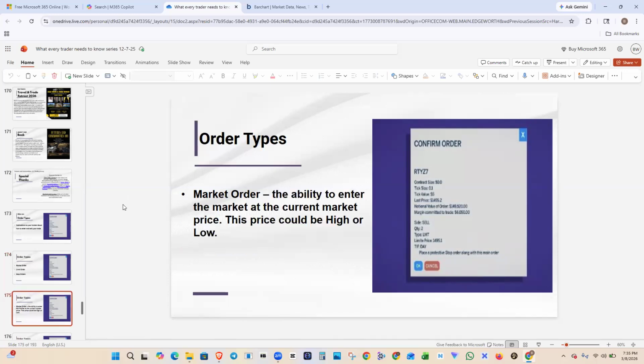So what is a market order, and when do you use it? I want to talk about those two topics. A market order basically means you're willing to take whatever price there is, high or low, to get in or get out of the trade.